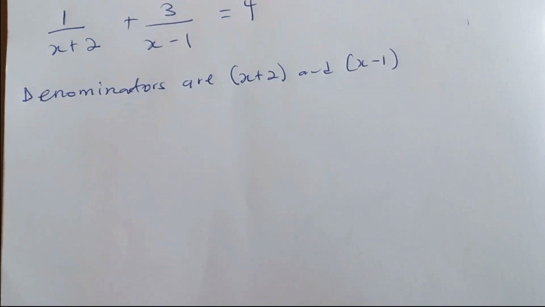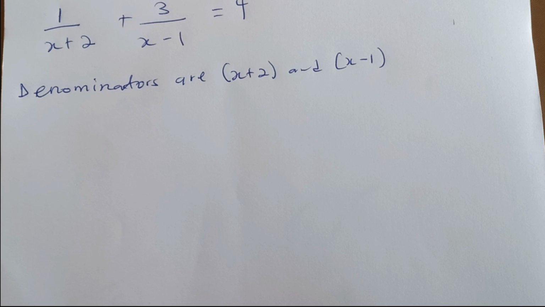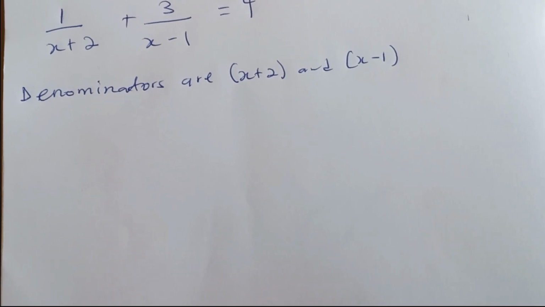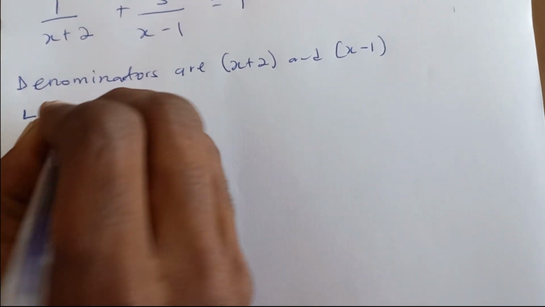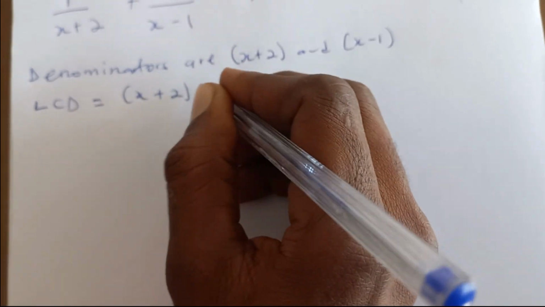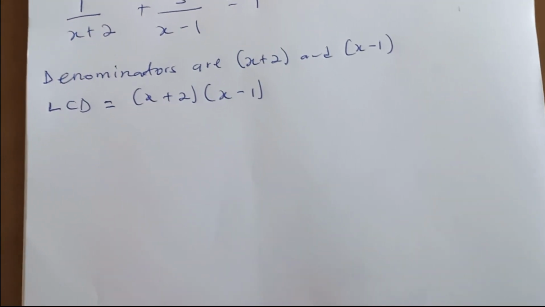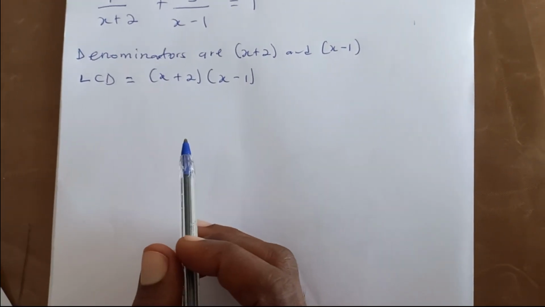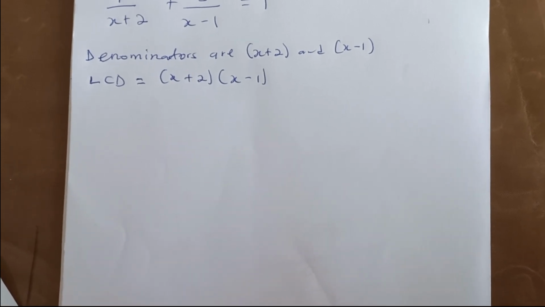LCD simply means least common denominator. And our least common denominator is equal to x plus 2 times x minus 1. Someone may ask, we usually use LCM but not LCD. Please take note of this.